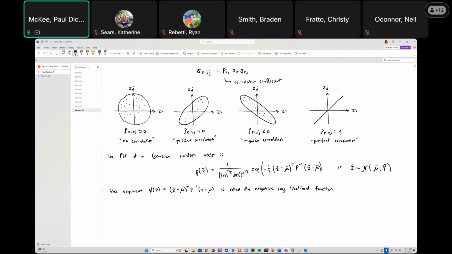And the square root of the negative log likelihood function is called the Mahalanobis distance.